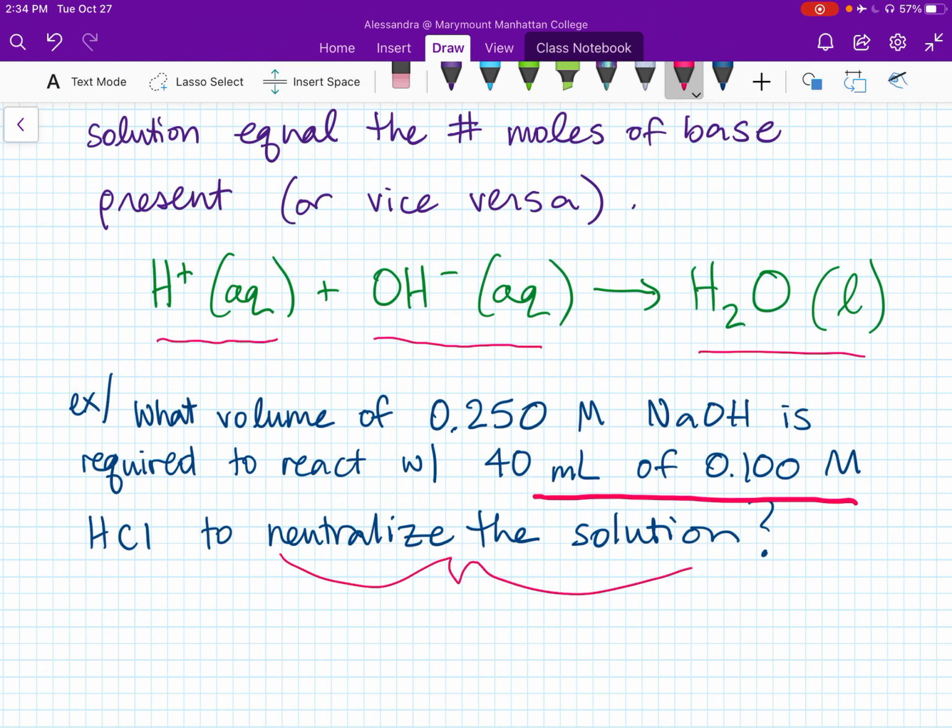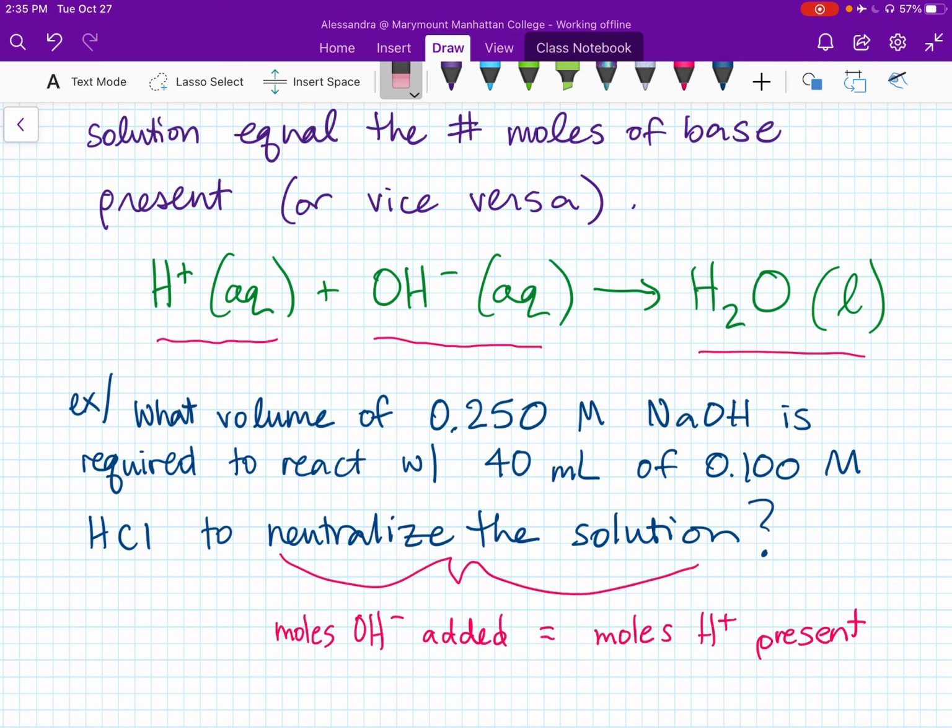So when we are looking for neutrality, in this case, that means that the number of moles of hydroxide that we're adding must be equal to the number of moles of protons or hydrogen plus ions that are present in that solution. So that means that the first thing we should do is to try to calculate the number of moles of H plus that we have present in that solution. And we can do that by turning this phrase into a mathematical equation.